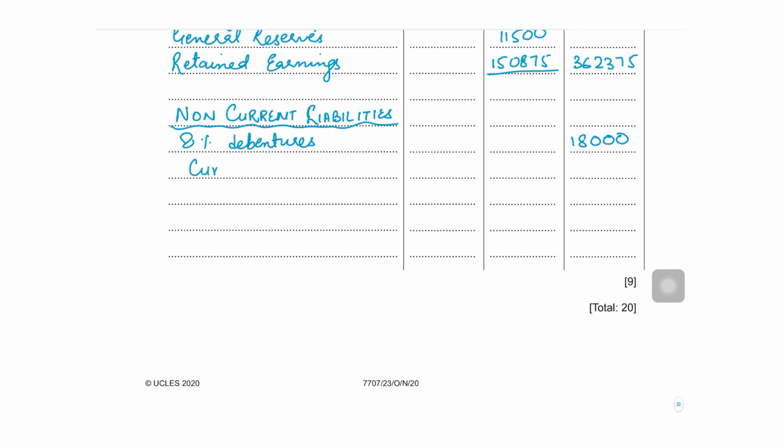And the last part is related to current liabilities, of course. The first one was bank overdraft, right? And there will be trade payables, and other payables would also be there.